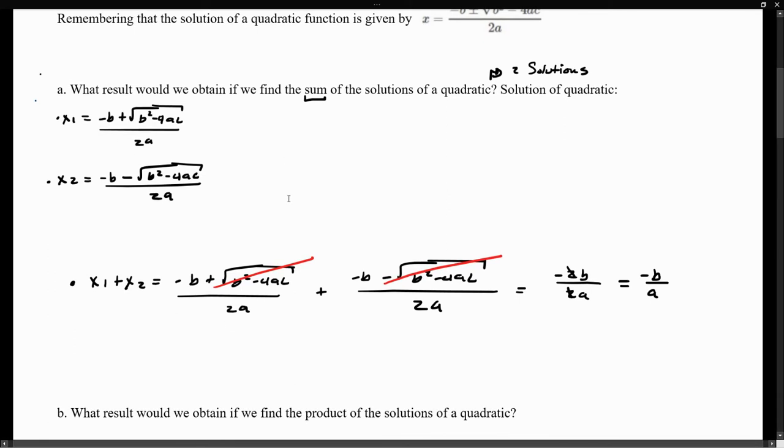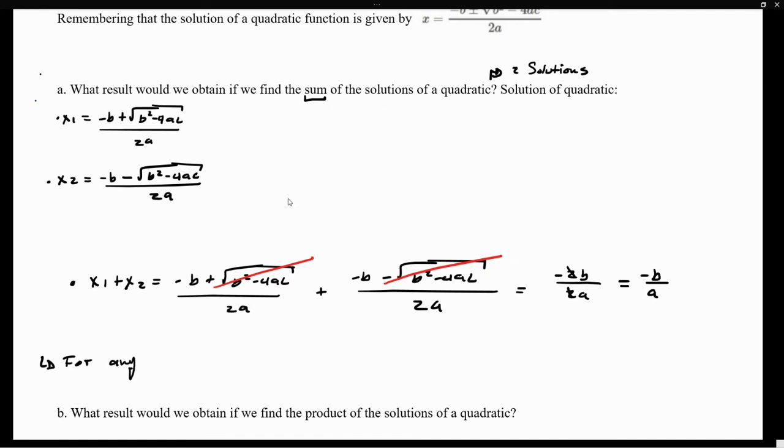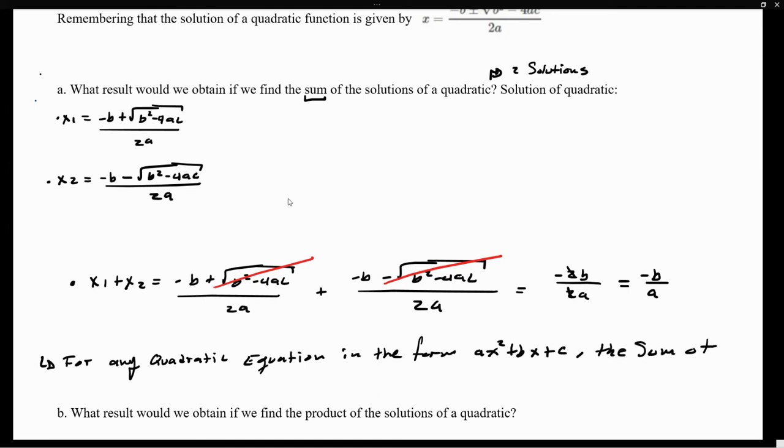So what we have just shown is that for any quadratic equation in the form of ax squared plus bx plus c, the sum of its solutions will always equal minus b over a.